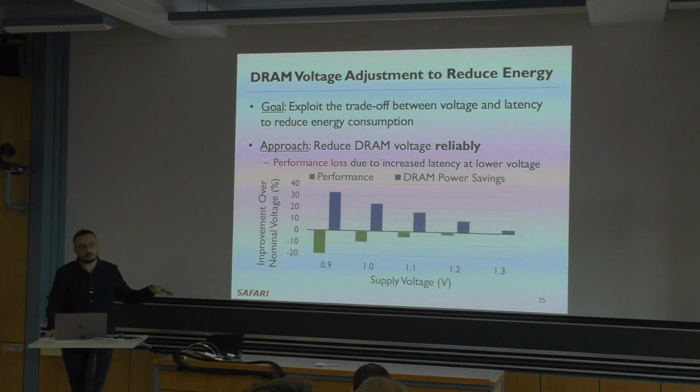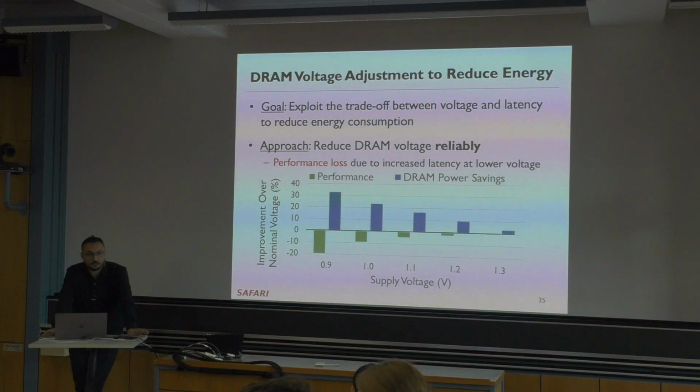Also, performance is reducing, so there's a trade-off here. You don't want to lose performance, because then your application finishes in a larger time. Energy is power multiplied by time, right? So you can end up losing energy, actually. So you want to keep performance loss in a target window.